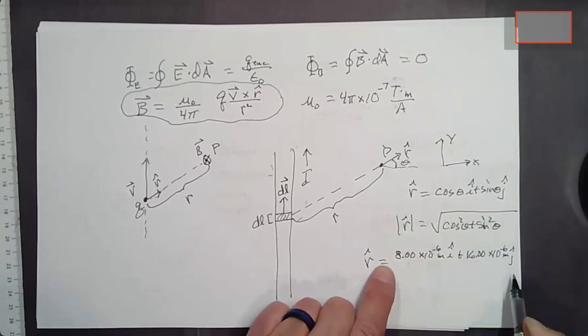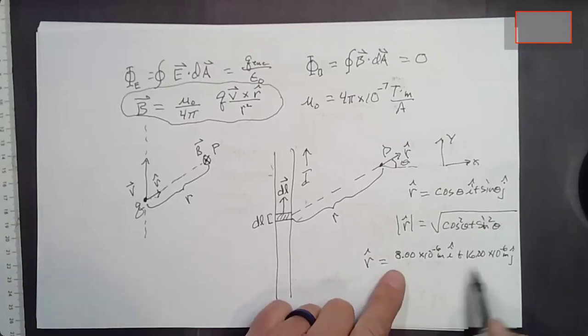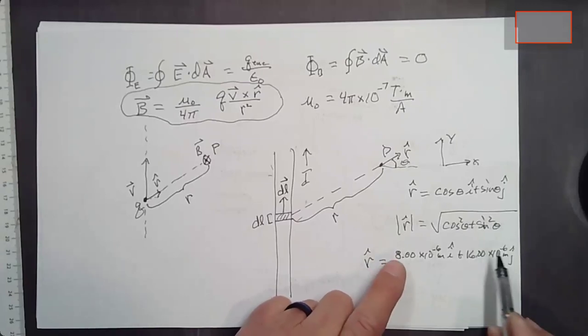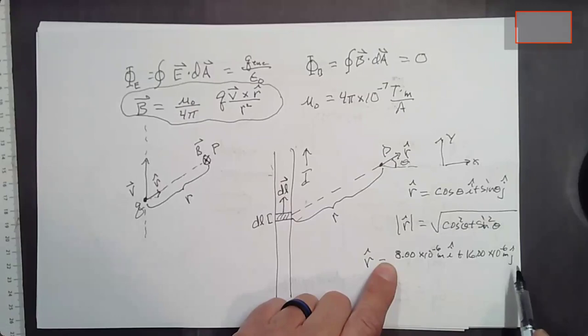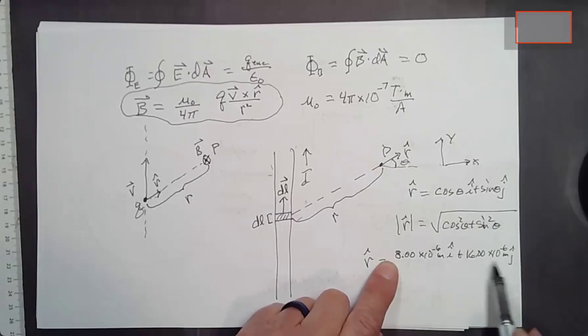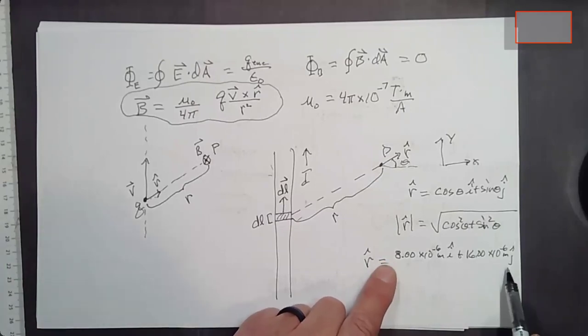That's not a unit vector. For one thing, it's got units, and unit vectors just have direction. They don't have units. So you could cross those meters out, but even then, the magnitude of this vector is going to be something like 17.9 times 10 to the minus 6 meters, if I remember right.